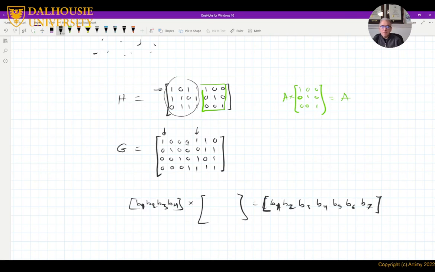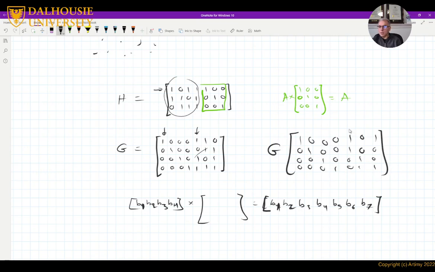I can create a matrix any way I want, right? So I can come up with any G matrix I want. I can create a G matrix that starts with identity, right? This is a must. And then create anything. So I can say 1 1 0 0, 0 0 1 1, 1 0 0 1.